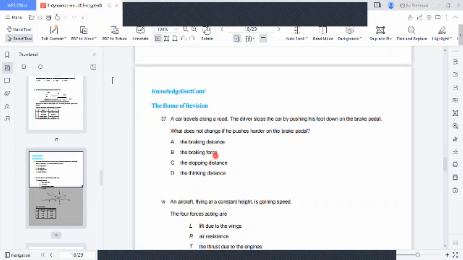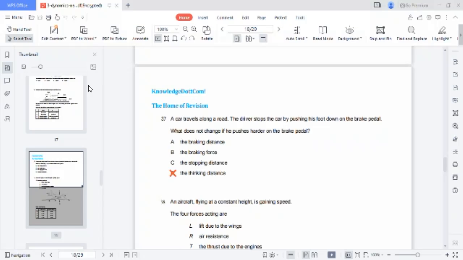Yes, the braking force increases, so it would be affected. Thinking distance is not linked with your foot. Stopping distance is no. Okay, the question is what does not change if he pushes harder.